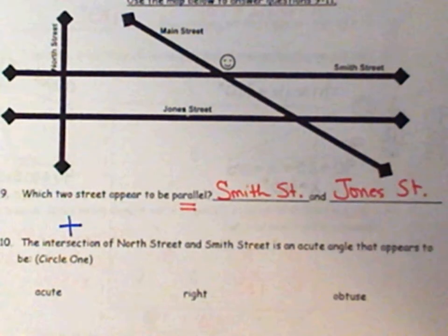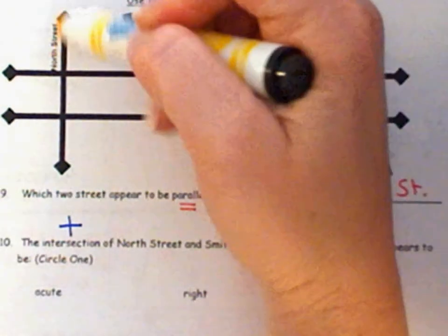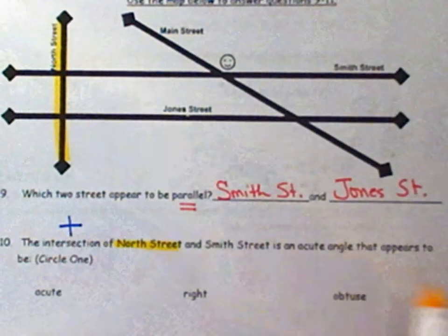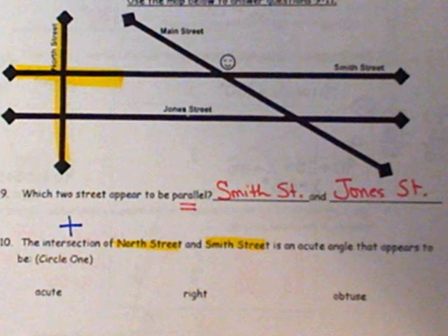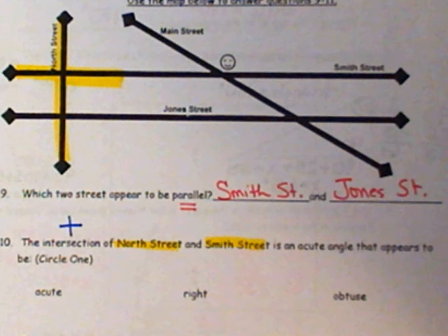Number 10, the intersection of North Street and Smith Street. Remember, intersection is where they cross. So I'm looking at North Street. So here's North Street. And Smith Street. So here's Smith Street.